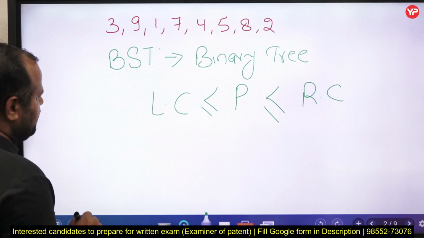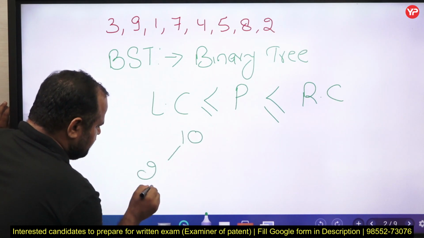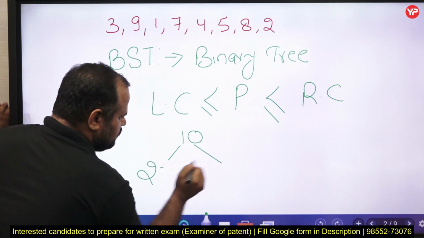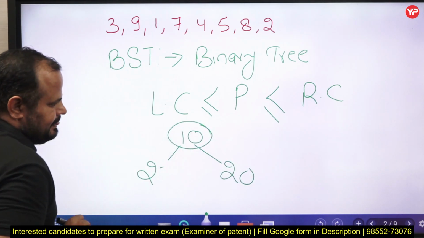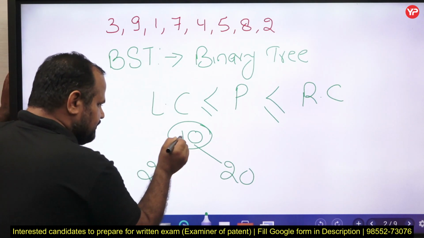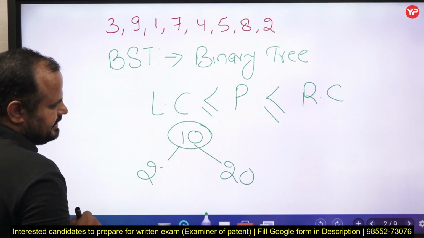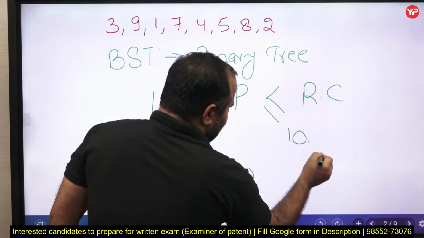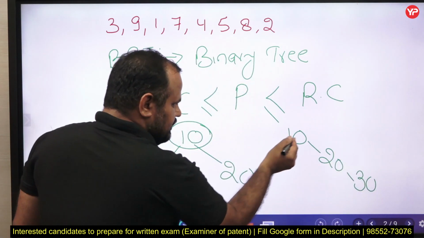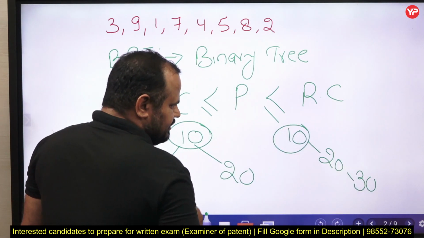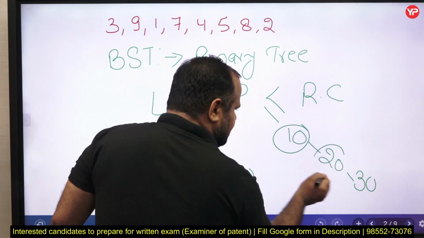So if I talk about a basic example of BST, that is 10 to 20. Here this is my root or parent. The left child is less than 10, the right child is greater than 10. One more example: here 10 is a parent, then the right child of the parent is 20, which is greater than 10.